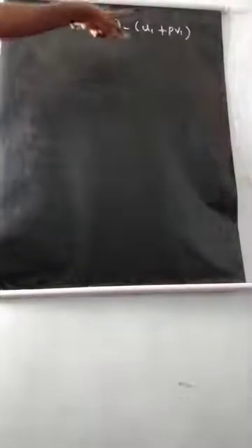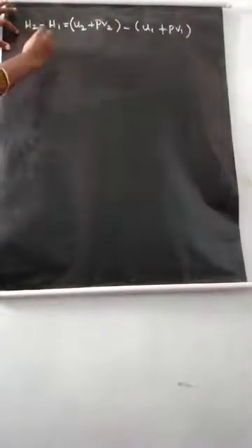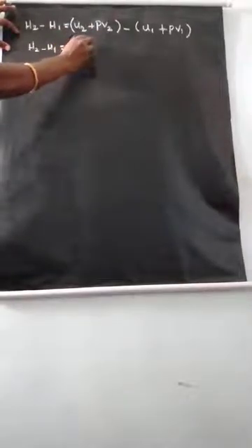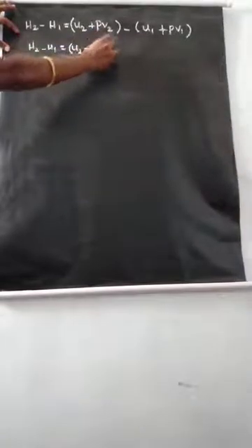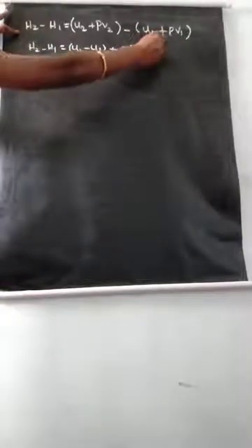In the next line, write the U terms together and the pressure and volume terms together. H2 minus H1 is equal to U2 minus U1 plus PV2 minus PV1. Pressure is common, so take it outside: P into V2 minus V1.